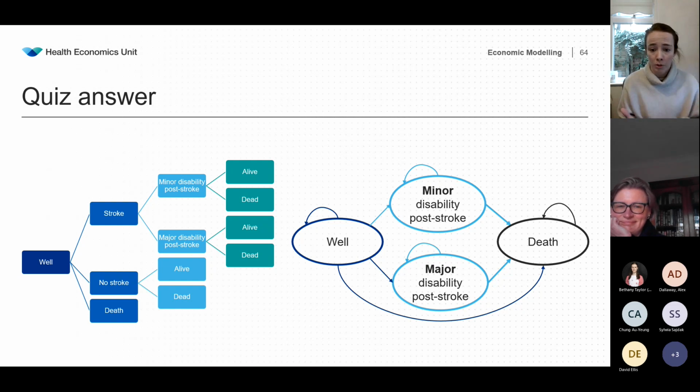Does it adequately capture the relevant characteristics of the disease, the intervention, the costs, the outcomes, and how are we going to represent the relative structural uncertainty that we're going to introduce with our model selection? By choosing to represent it either as a decision tree or as a Markov model, we are introducing structural uncertainty into our model.